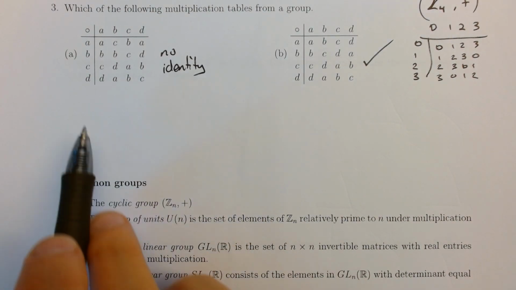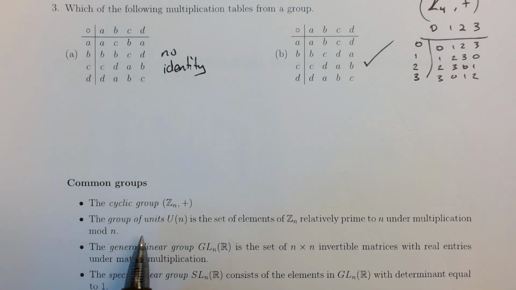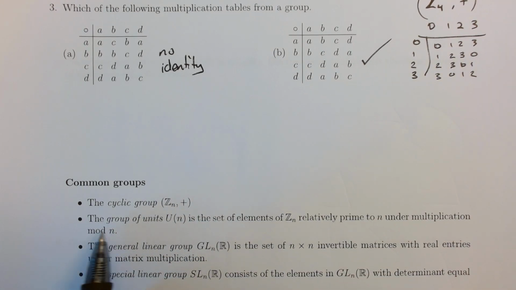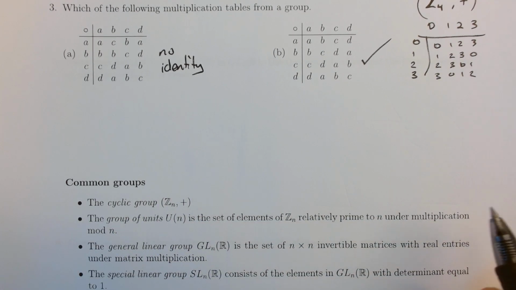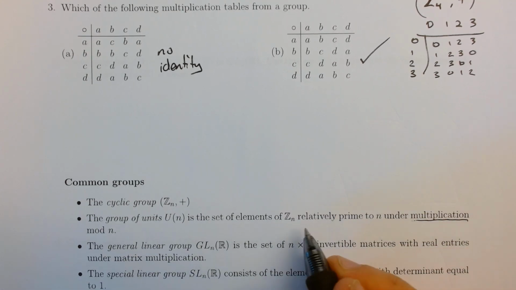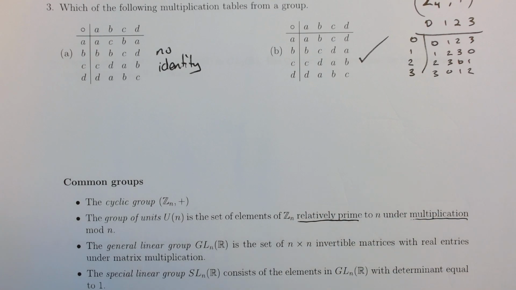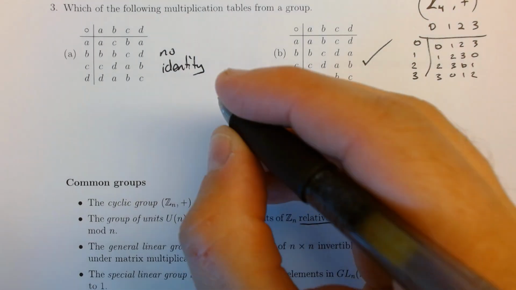And the example I want to use for the Klein group is the group of units in Zn. So this is still arithmetic mod n, but we look at multiplication. And remember that the only way you can get inverses is if the numbers are relatively prime to n. So for example, let's look at U8.